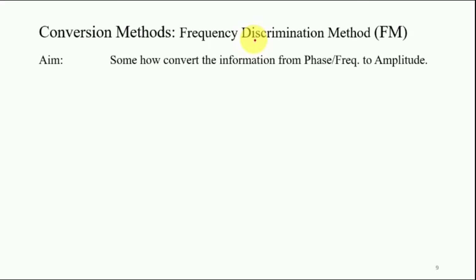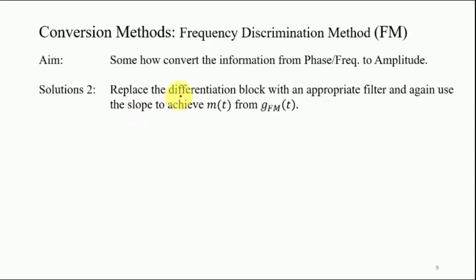In the frequency discrimination method for the demodulation of FM signals, again the aim is to convert the information from the phase or frequency to amplitude. Previously we have done that using a differentiation block, but right now we need to replace the differentiation block with an appropriate filter, and we again intend to use a slope to achieve m of t from the frequency modulated signal.